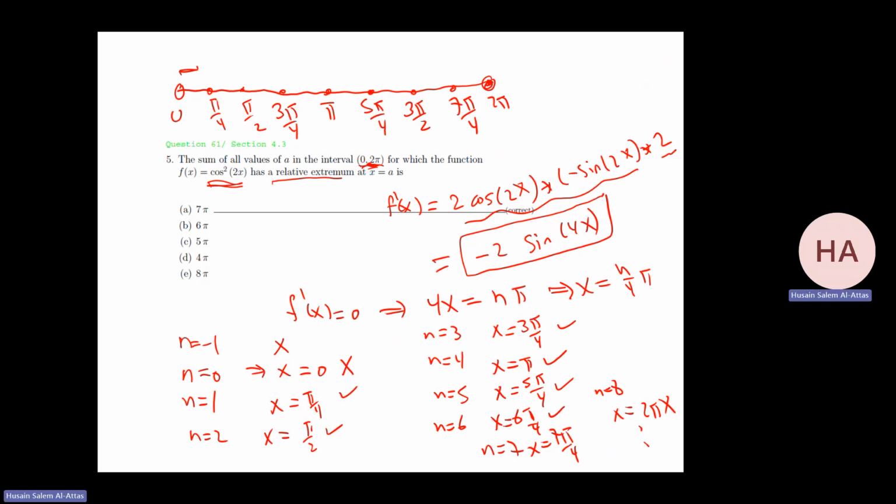Here I'll take pi over 8, because this is 2 pi over 8. Here I have 4 pi over 8 and 2 pi over 8. I have 3 pi over 8, that will be 3 pi over 2, which is negative. So that's positive. Negative, check the points. It will be like that.